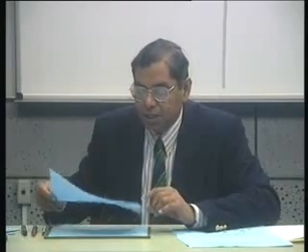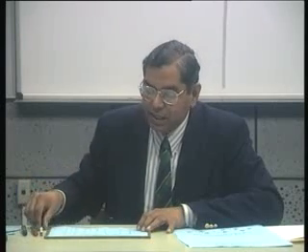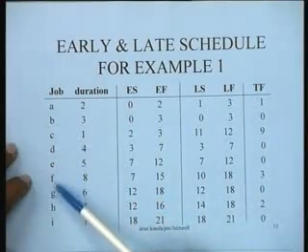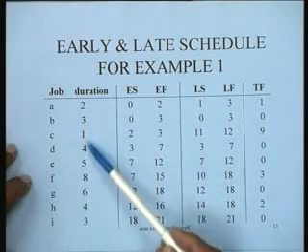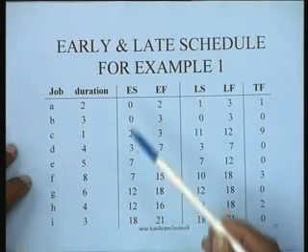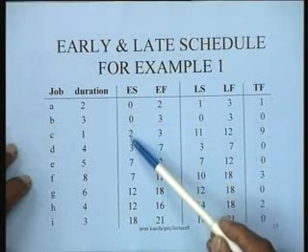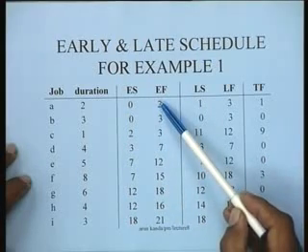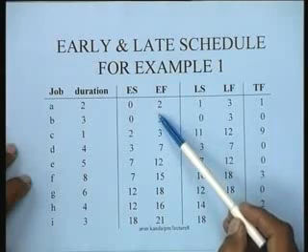If we utilize the information that we have just obtained from the forward pass and backward pass, we can immediately identify for each of the activities A, B, C, D, E, F, G, H and I whose respective durations we have with us. We can identify the early start of the activity, and from the early start of the activity we can add this duration to obtain the early finish of the activity.